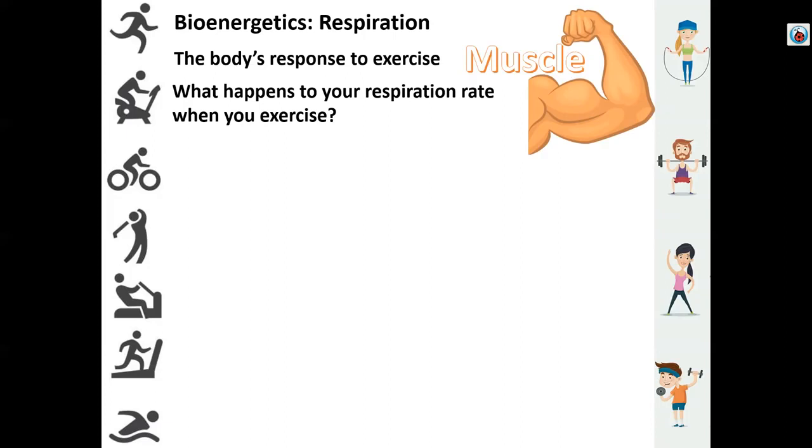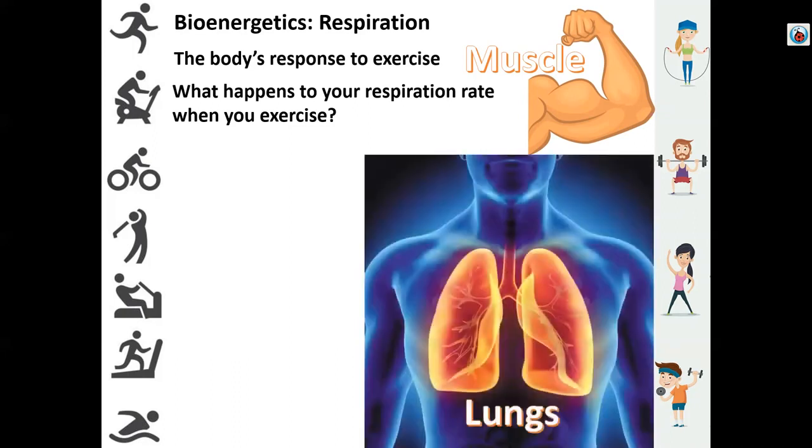Now, if the muscles are respiring aerobically, we need oxygen. And we get that oxygen when we breathe in. The oxygen travels down into the lungs and then diffuses into the blood and is carried to the muscles where aerobic respiration takes place. Now, because we're carrying out more movement, the muscles are contracting more often, and to contract, they need more energy.